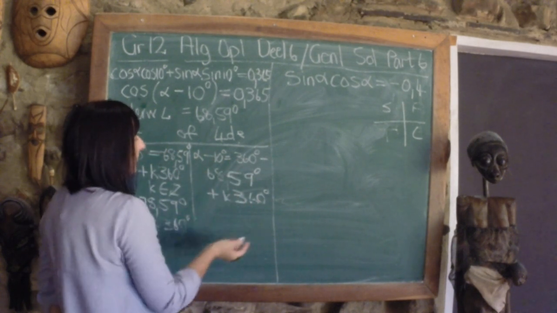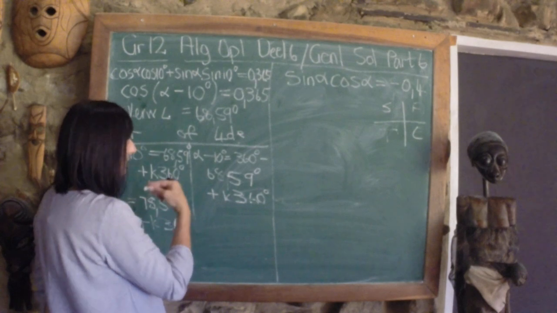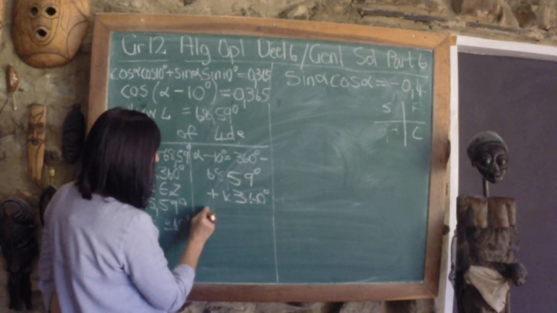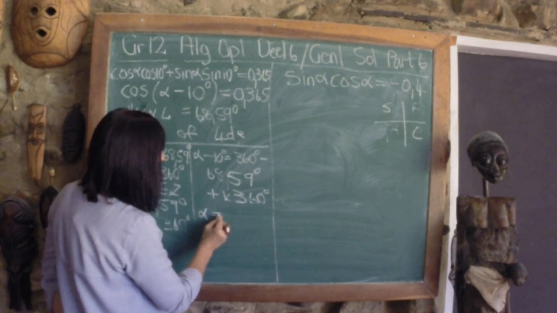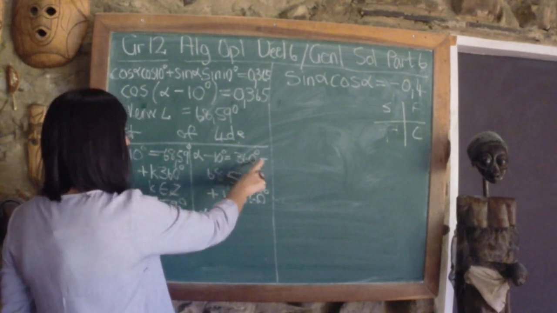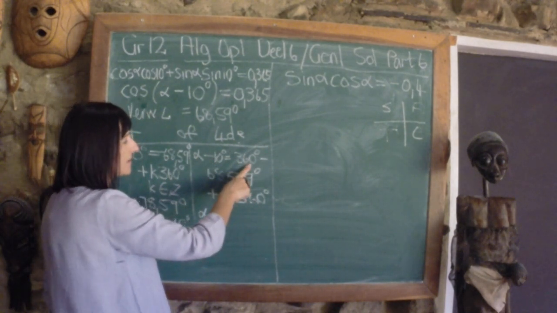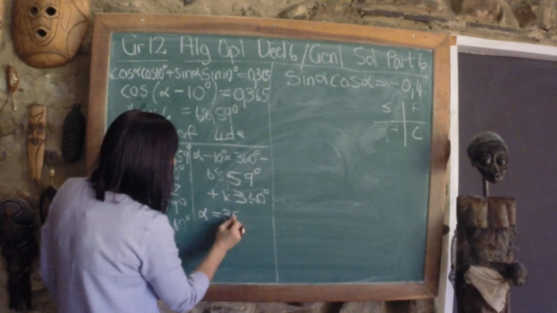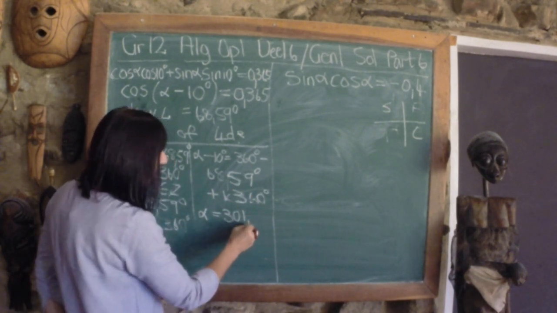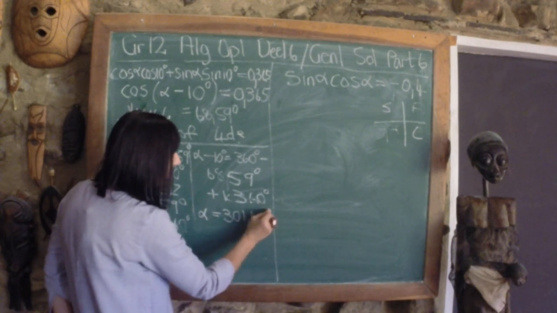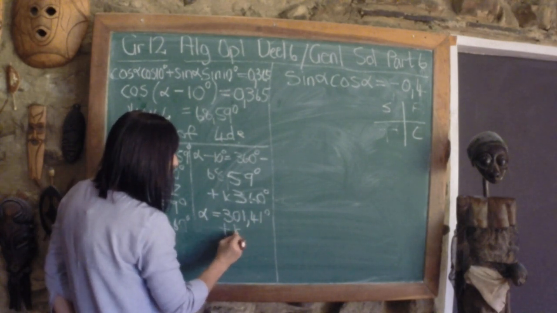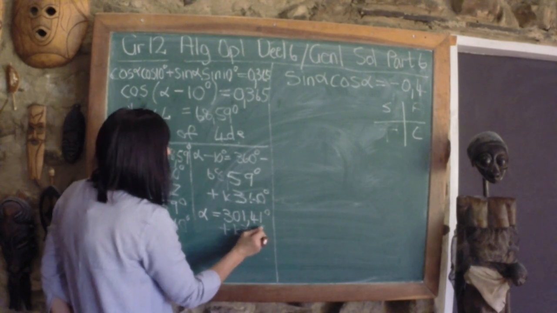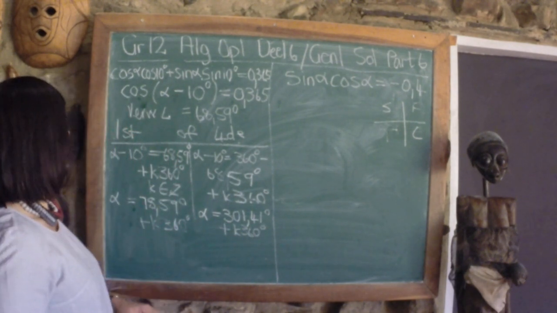And then I can take the 10 to the other side of the equals to as well. So I've got alpha equals, and then it's going to be 360 plus 10, gives me 370. So it's going to be 301,441 degrees plus k times 360, general solution in my fourth quadrant.